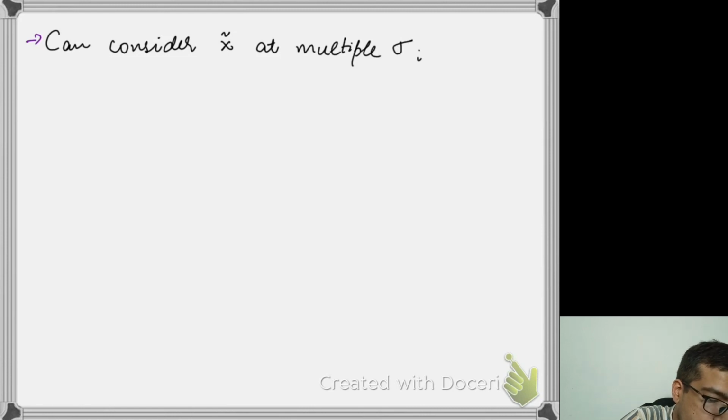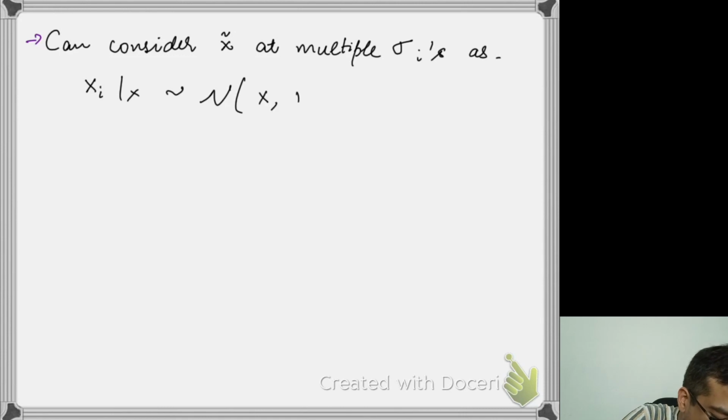So here we can consider x tilde at multiple sigma I's as x I, when x is normally distributed with mean x and variance sigma I squared identity.